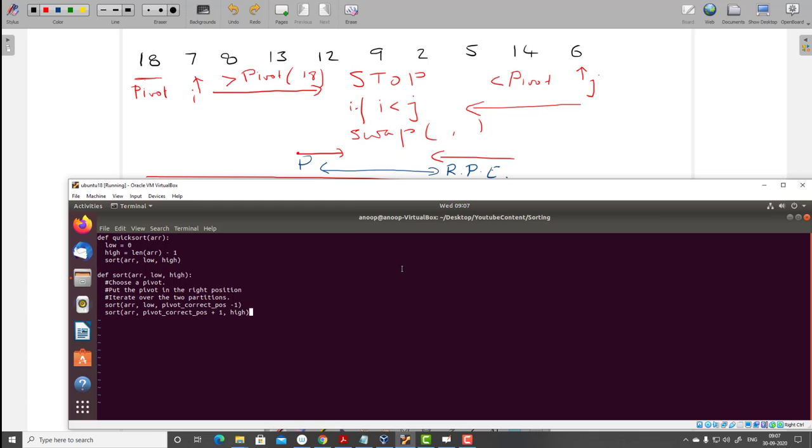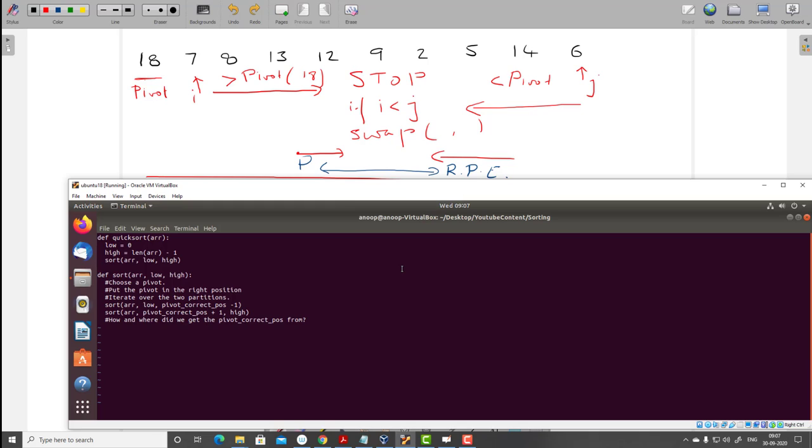So this will just get the position, but the question remains: how and where did we get the pivot correct pos from? Isn't it?